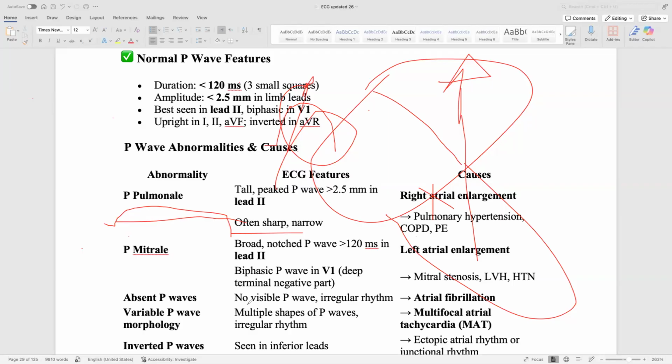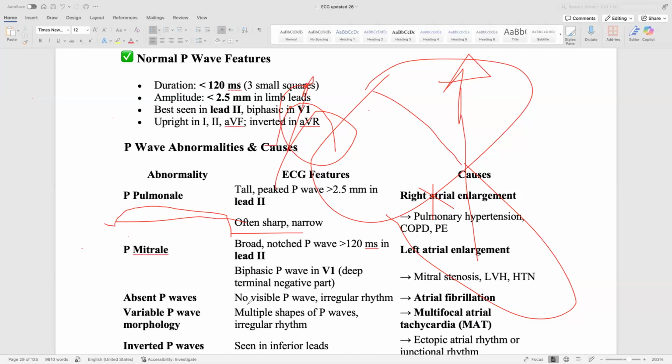Come here, why are you enlarged, sir, left atrium? Because I am pumping the blood against a stenotic valve. Why is the valve stenotic? Maybe rheumatic fever. What else? Maybe the valve is normal, but the ventricle is hypertrophied. What else? Maybe the ventricle is hypertrophied because of hypertension.